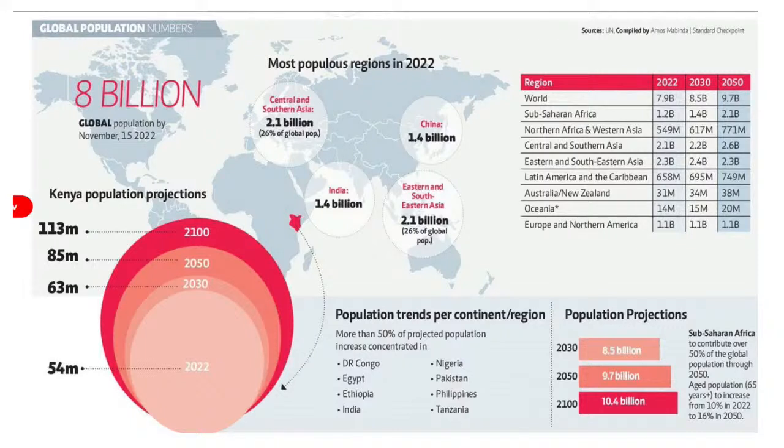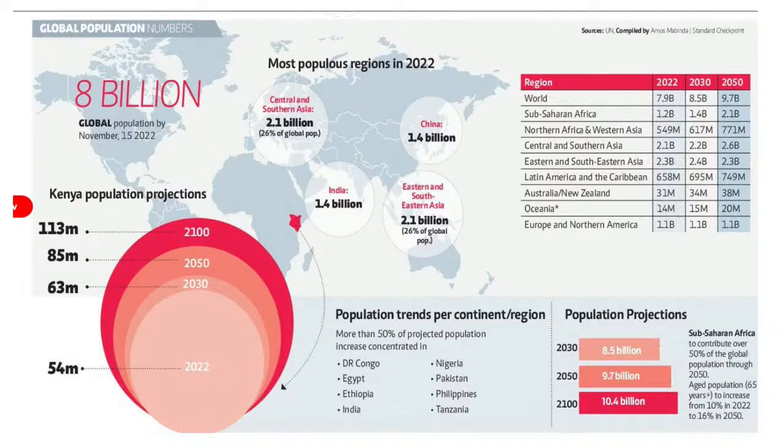By 2030, the population is projected to be 8.5 billion people. By 2050 it will be 9.7 billion. By 2100 it is hitting 10 billion in Africa alone.